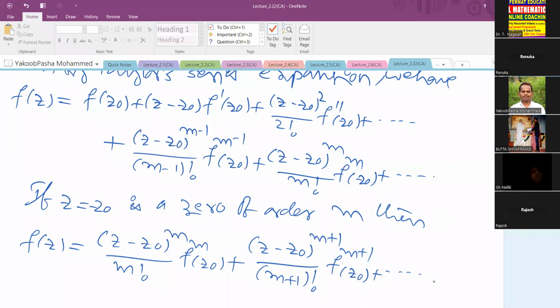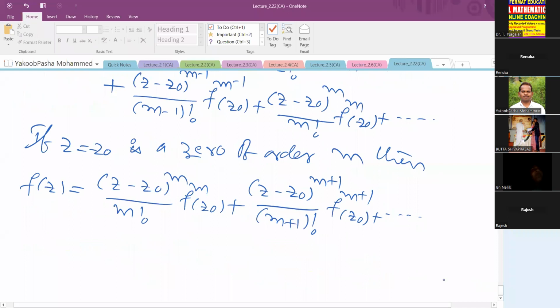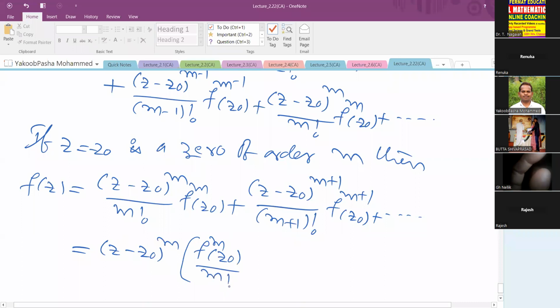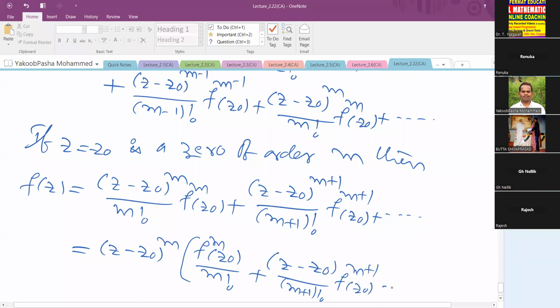In this case, we can take z minus z naught whole to the power of m as common. The remaining terms are f mth derivative at z naught divided by m factorial, second term z minus z naught divided by m plus 1 factorial into f m plus 1th derivative at z naught plus and so on.